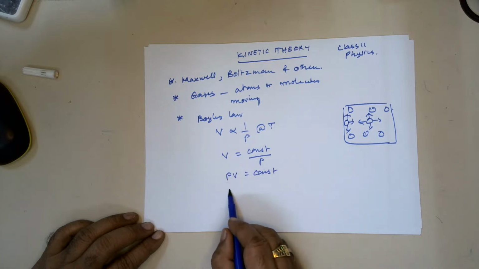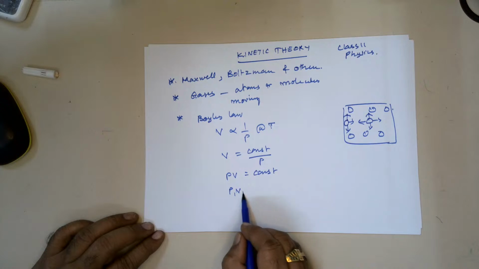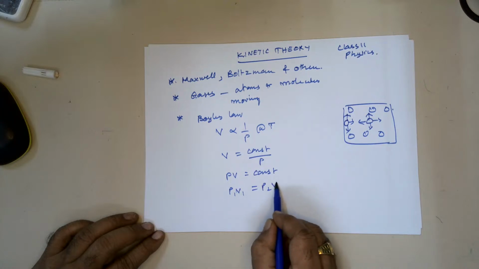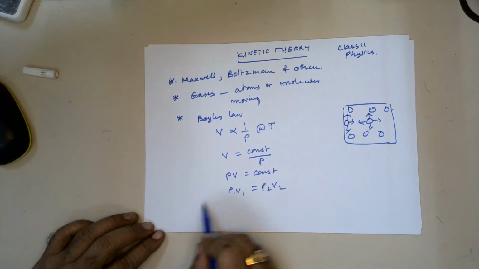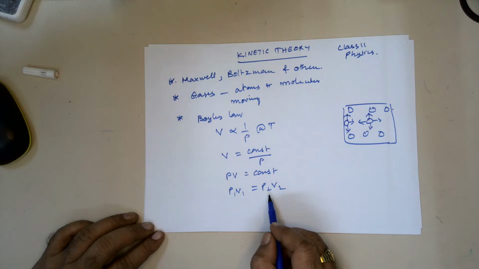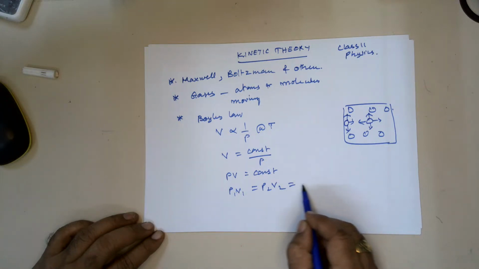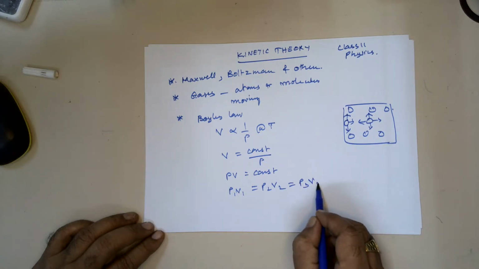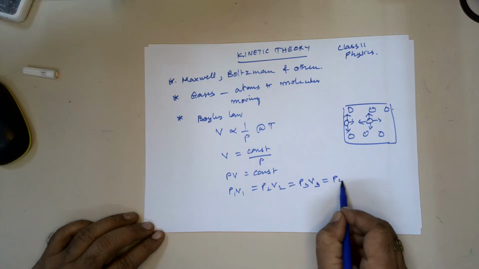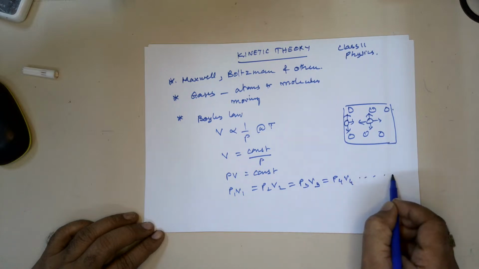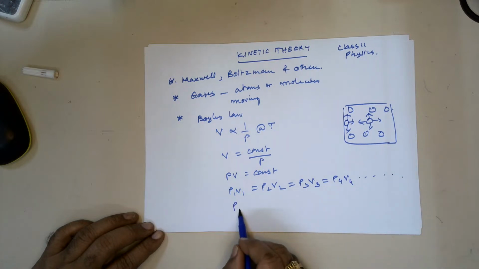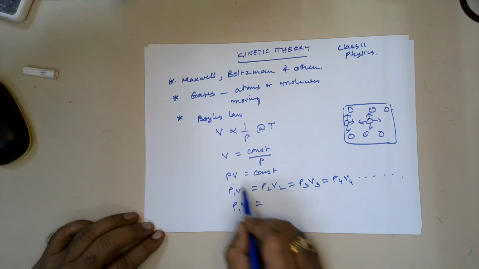So this equation can be written as P1 V1 is equal to P2 V2, representing different conditions of pressure and volume. Likewise, it can go on P3 V3, P4 V4, etc.